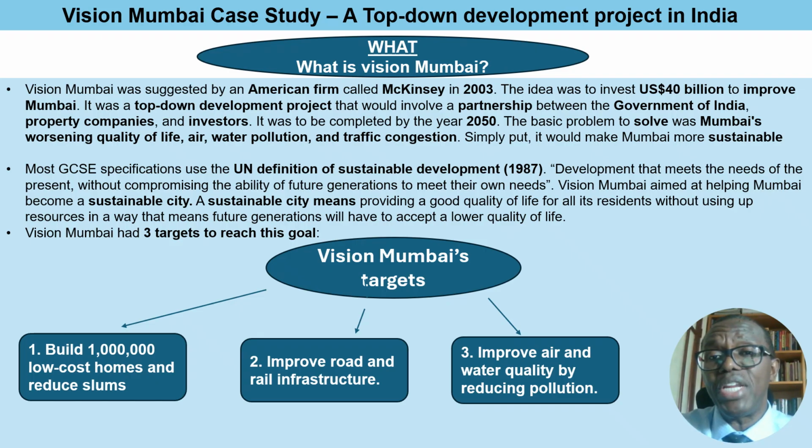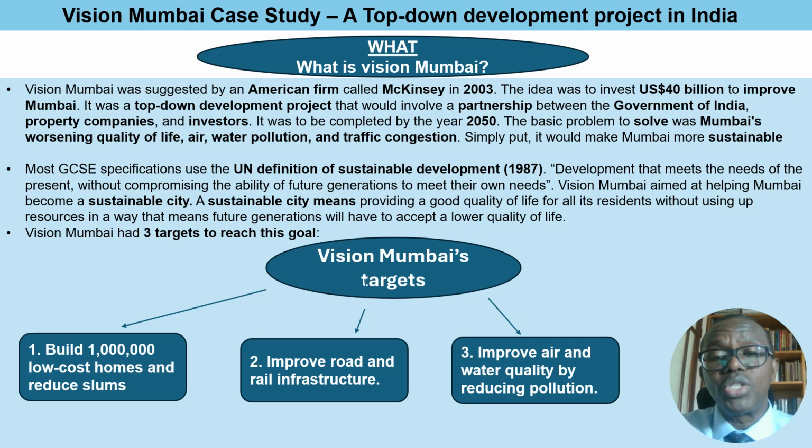That definition was put forward in 1987, and it normally says that sustainable development is development that meets the needs of the current generation, or the present, without compromising the ability of future generations to meet their own needs. So that is sustainable development.